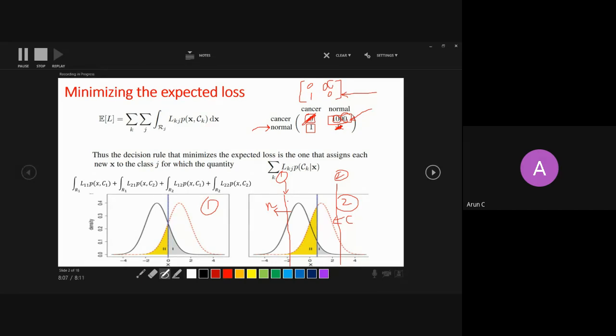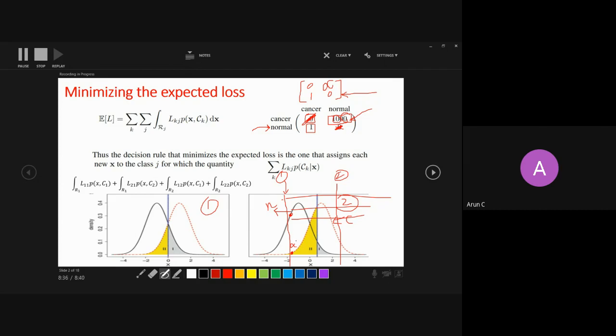So this region here will be for cancer. Even if we have a very low, negligible probability for cancer, we still classify it as cancer. Though the normal probability is very high, we ignore it because the penalty for this negligible probability is infinite and we want to optimize the decision boundary.